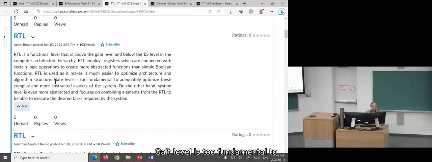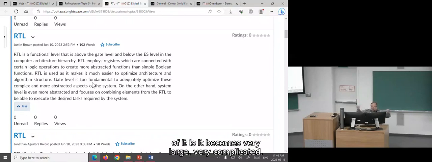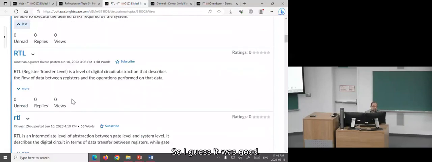Gate level is too fundamental to adequately optimize this complex and more abstracted aspect. We cannot optimize it, because it becomes very large, very complicated. So we don't go for gate level when the circuit becomes larger and larger. On the other hand, system level is even more abstracted and focuses on combining elements from the RTL. Very good. Perfect.